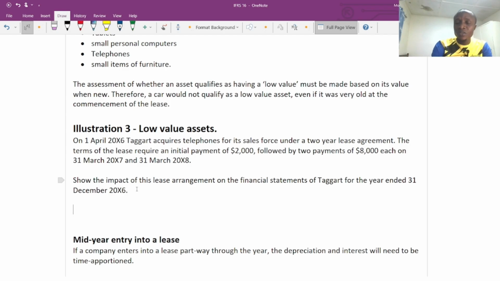But now the question requires us to prepare the financial statements as at 31st December 2006, which is 9 months, from April to December. But let's calculate the annual expense. We are going to use straight line: total cash payment for the whole period divided by the number of years.